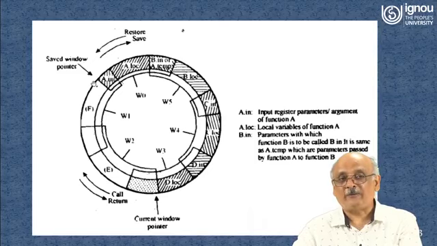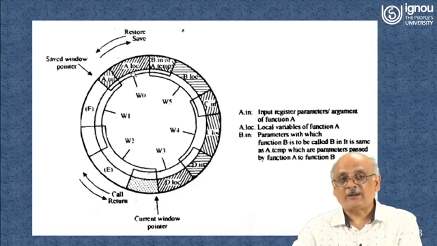So this is the saved window pointer, which tells us that we cannot call F unless we put the A in and A location into some area in the memory as safe values. Otherwise, F may overwrite the area of A. Therefore, we can't take that particular risk.